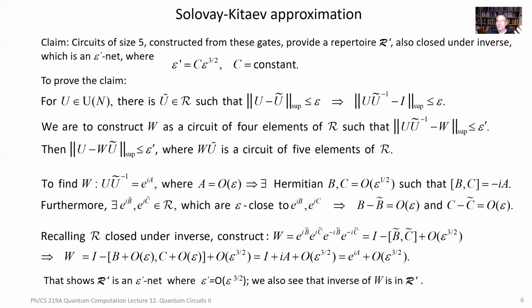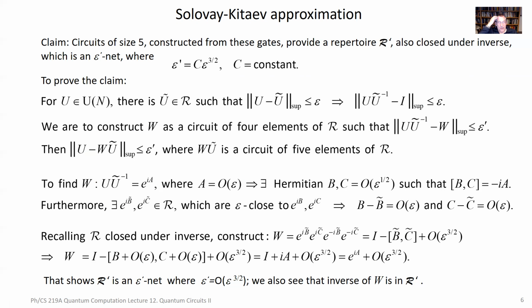In other words, I can write it as the exponential of a Hermitian operator, where that Hermitian operator in the sup norm is epsilon small. Because when I expand the unitary in a power series, I get 1 plus iA, 1 plus order epsilon, plus higher order in epsilon. And so once the unitary is close to the identity, I can write it as e to the iA, where A has a small sup norm.